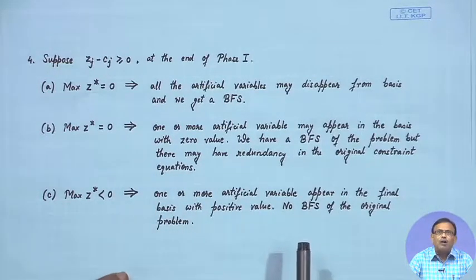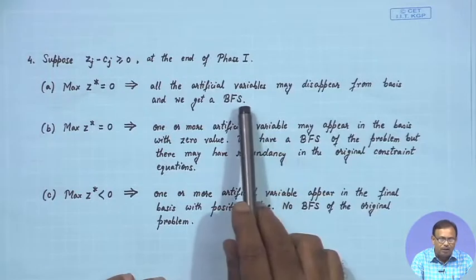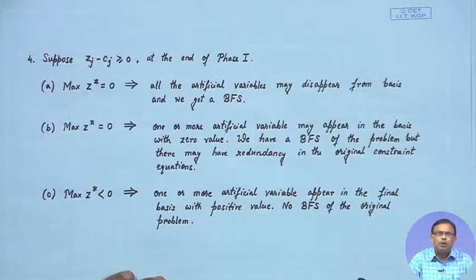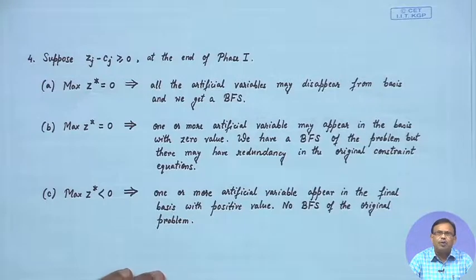The next case may come on z star equals 0. One or more artificial variables may appear in the basis with 0 value, because in the first case we have told z star equals 0 means the value of all artificial variables must be 0, then only z star will be 0. But your value of all artificial variables are 0, but one artificial variable still is there in the basis, that is still it is a basic variable.